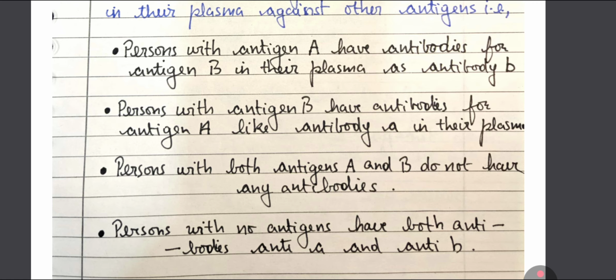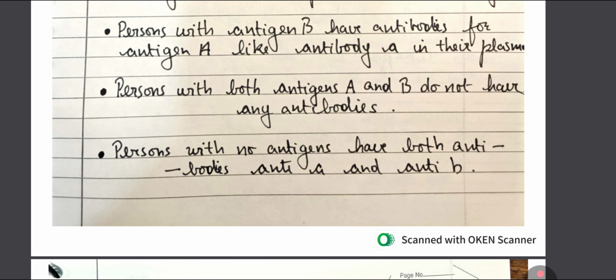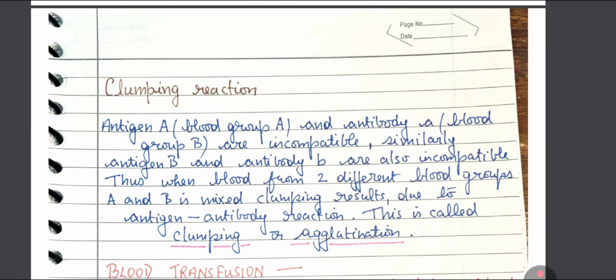Okay. Persons with both antigens A and B do not have any antibodies. Persons with no antigens have both the antibodies anti-A and anti-B. Okay, so persons who are having no antigens, they are having both kinds of antibodies.